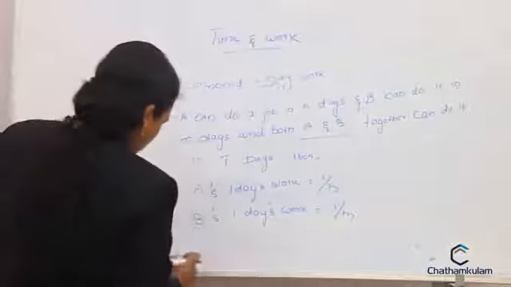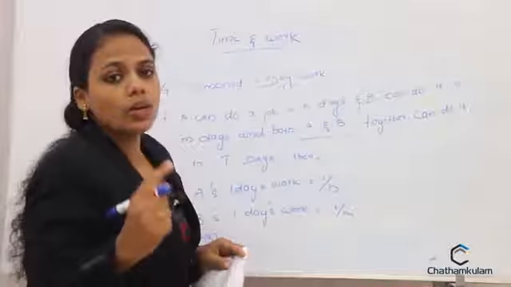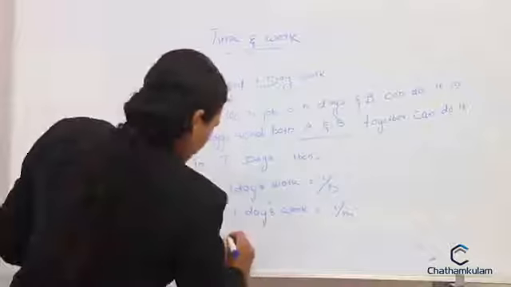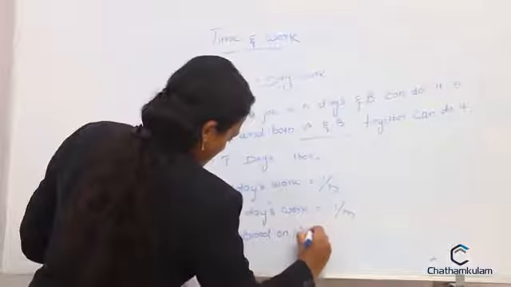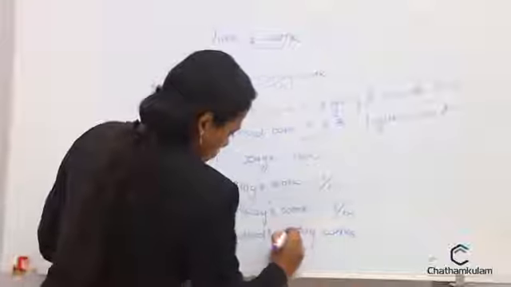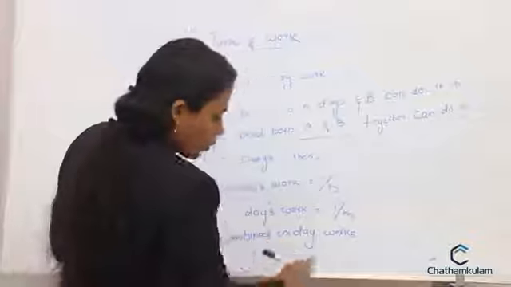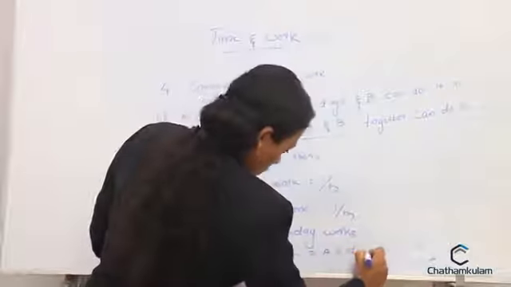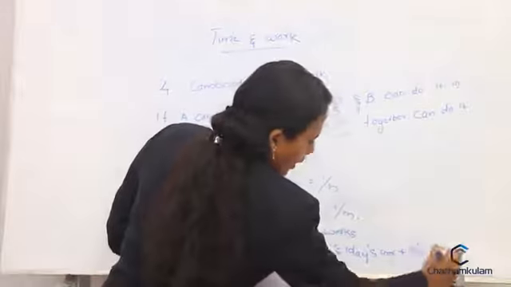So in this combined case, that means A plus B, because both persons are doing the same job in one particular day, we need to add both persons' work. Combined 1 day's work equals 1 divided by T. That means, taking that concept, it equals A's 1 day's work plus B's 1 day's work.